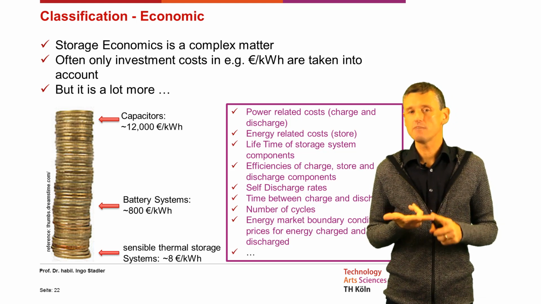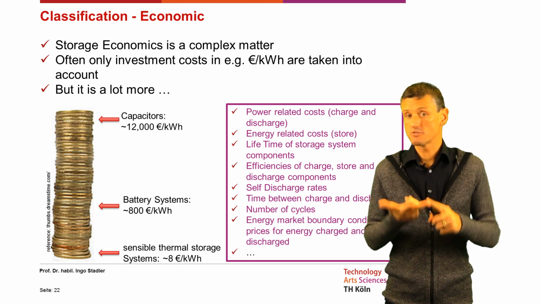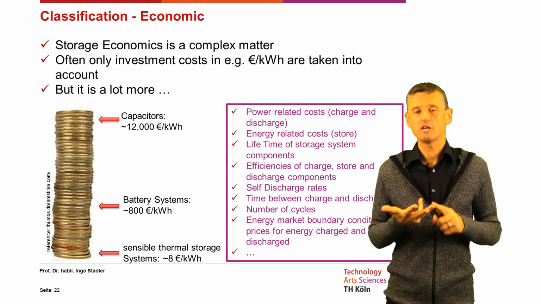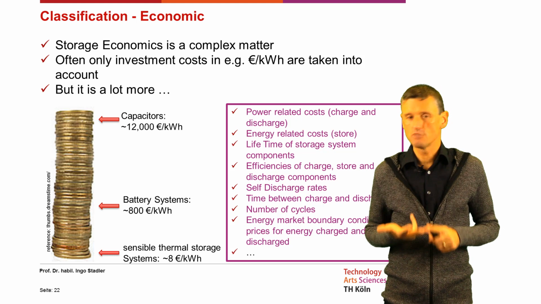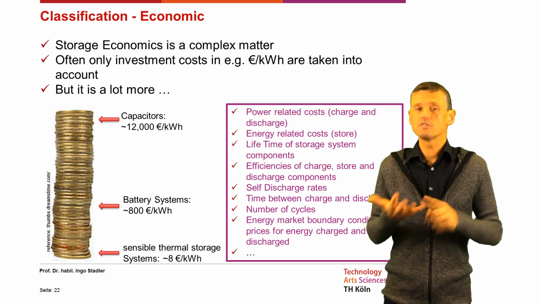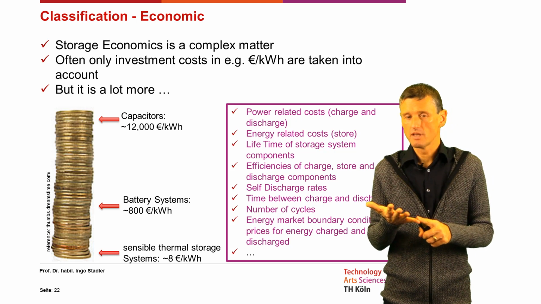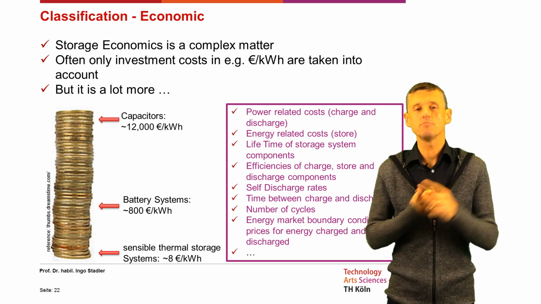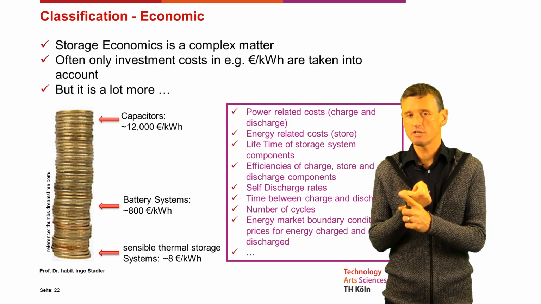The lifetime of storage systems differs quite a lot. The efficiencies of charging, storing and discharging components is different. They have very different self-discharge rates, which is extremely important when we talk about the time between charging and discharging.